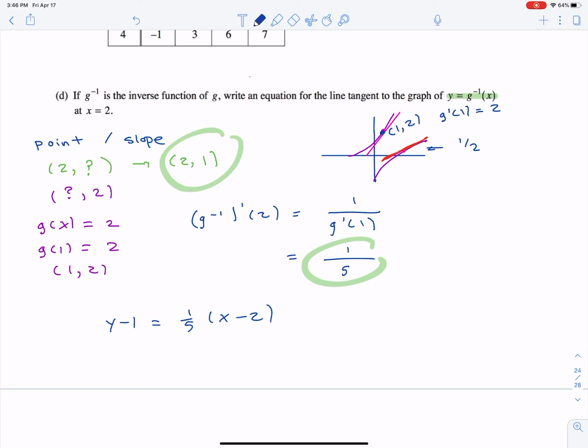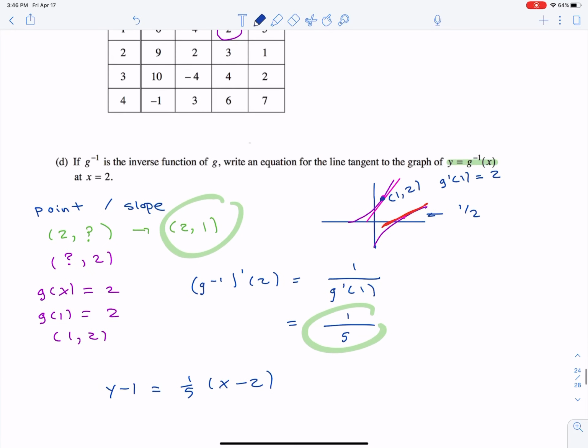Hopefully that made sense. Again, let's review really quickly what we did, because I know that was kind of a lot. So the first thing I did was determine what point I was looking at. I knew off the bat, based on what they gave us, that the G inverse function was going to be of this form.